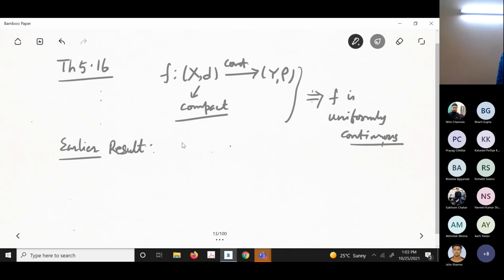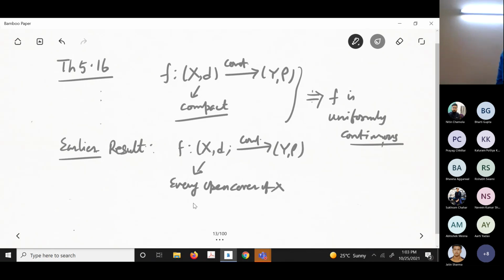In the earlier result, you have a continuous function and every open cover of X has a Lebesgue number, and then f is uniformly continuous.